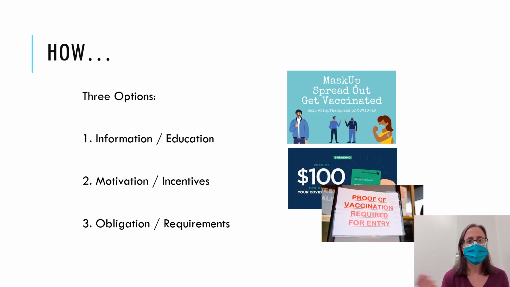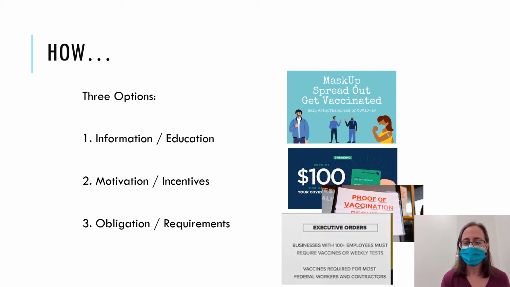So we sometimes go to the theater in Minneapolis and vaccination and mask wearing is required in order to attend. So you could say that's a motivation or incentive because I want to be able to go to the theater, right? If I worked at that theater, it might be more an obligation or a requirement.